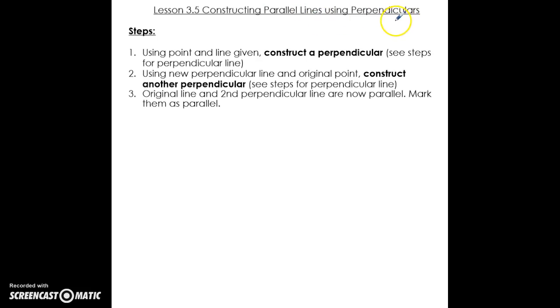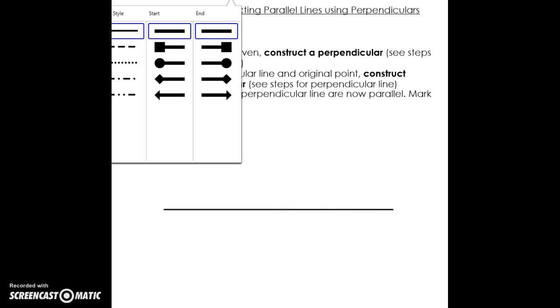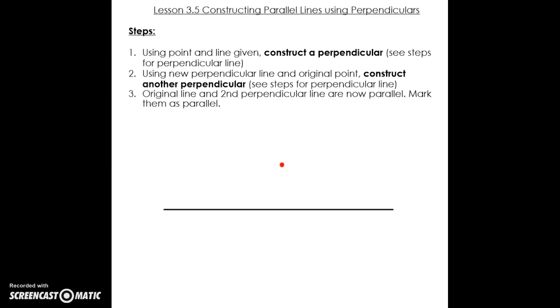So using the perpendicular, start with a point and a line. So we need to select here, drawing in a line and a point. And we're going to construct a perpendicular. So I'll grab my compass, place my compass point on the given point, and I need to open it wide enough so that it's going to cross that line twice.